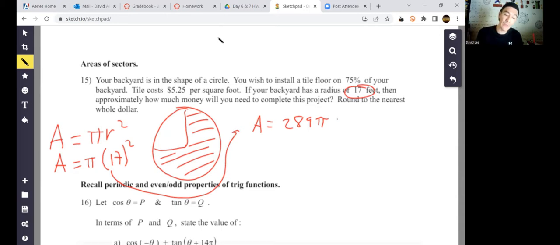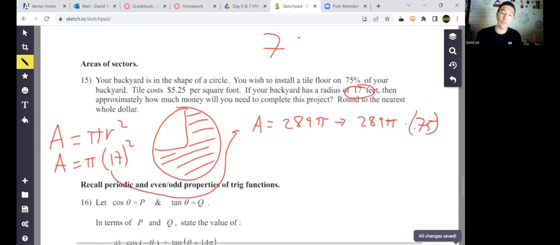So what we have to do is go 289 pi times 0.75, right? You turn the percentage into a decimal. Recall that from way back in the day. If you have a percentage, you just slide the decimal 2 spaces to the left.